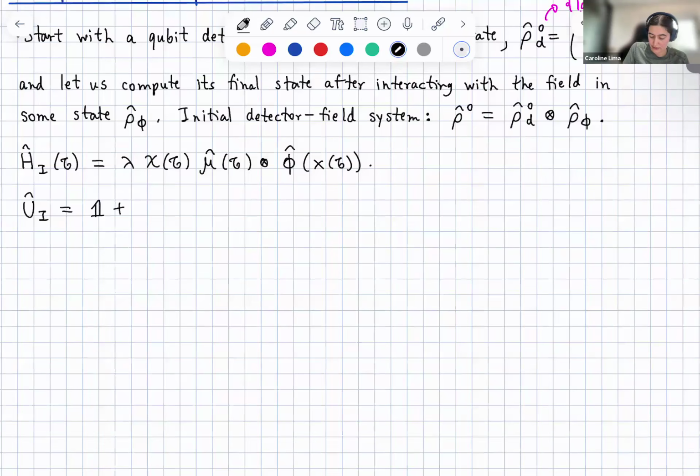As a reminder as well, let's first write the time evolution operator. So that was first identity plus first contribution plus second plus some higher order corrections.